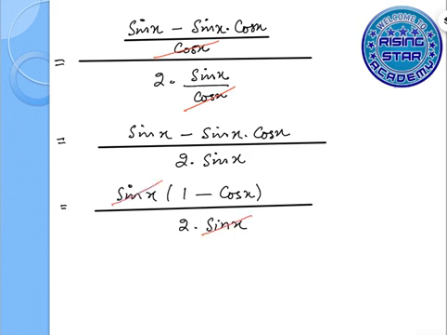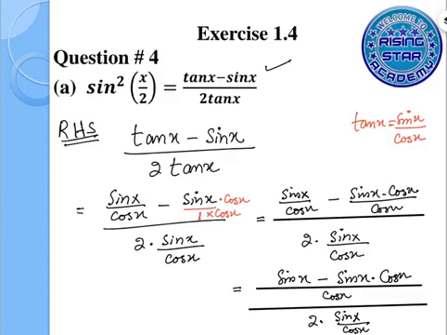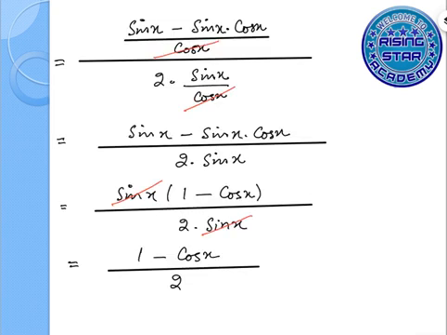The left I have is 1 minus cos x divided by 2. Here we want to prove the formula for the double angle, that means sine square x by 2. This is our required answer. So we will convert these values from half angle.